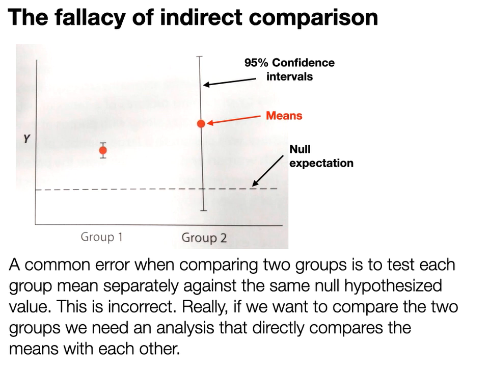Really, if we want to compare these 2 groups, we need an analysis that directly compares the 2 means with each other. Because just because we reject the null in one case but not in the other, it doesn't mean that the 2 groups are significantly different.